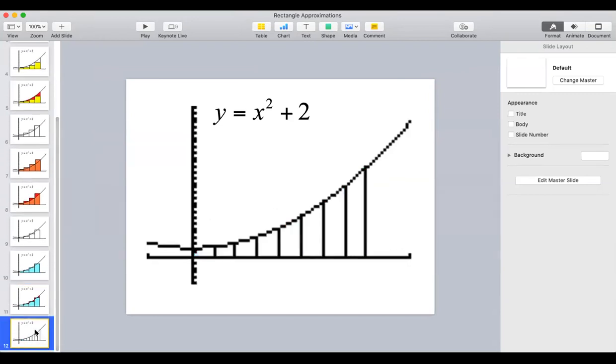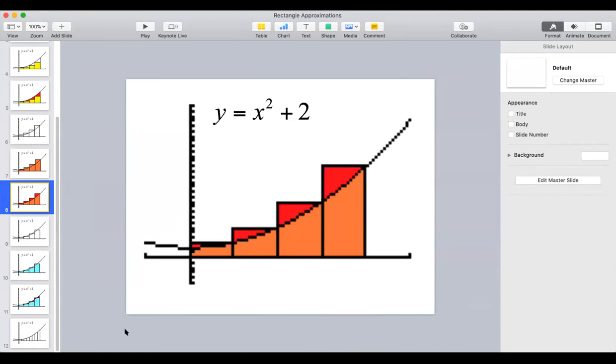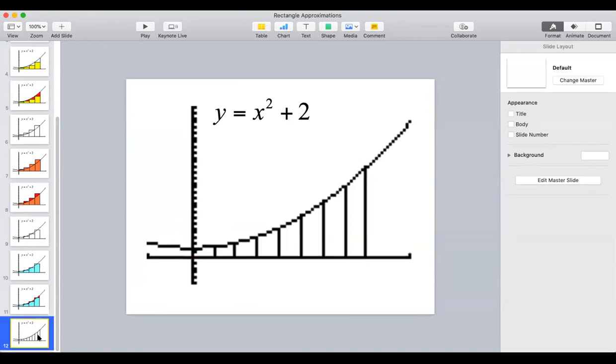Another way, what if I added more rectangles? That would be better, right? If I'm using 4 rectangles, I've got a lot of area here that is not part of the area that I want. If I were to double the amount of rectangles to 8 or then 16, that would minimize the area that is not used and give me a better estimation.